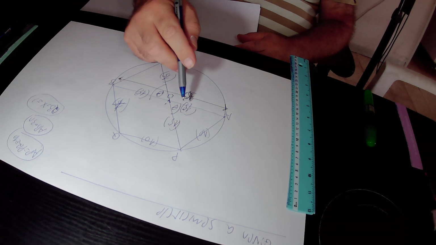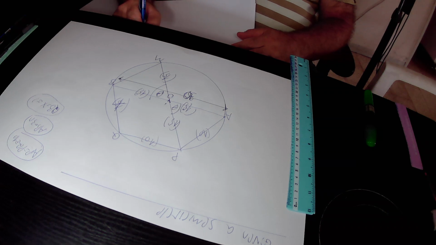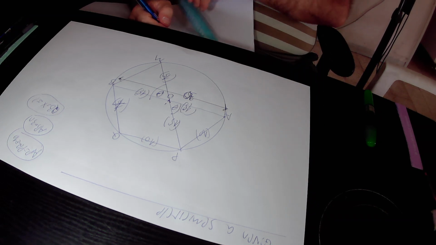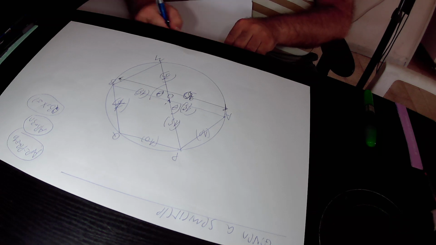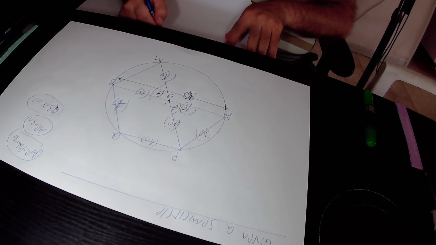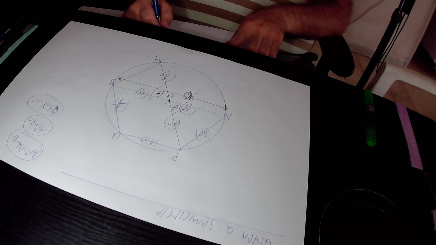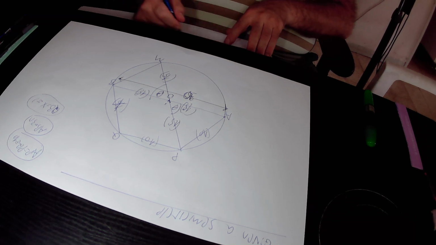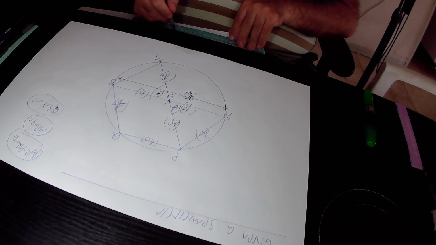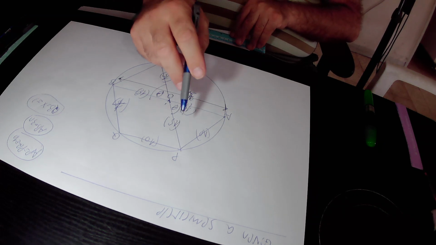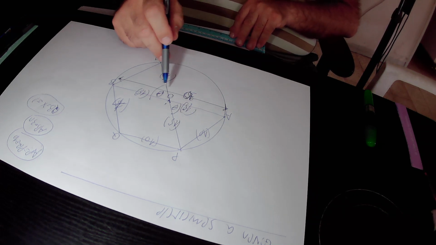So this is triangle AOP, and we prove that this triangle AOP can go into this triangle MOB.